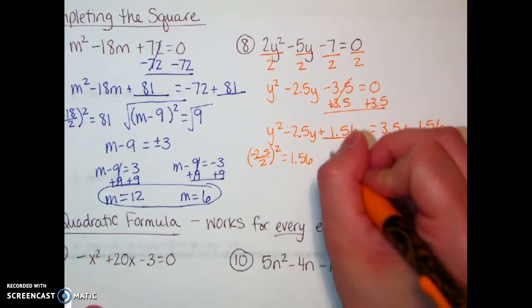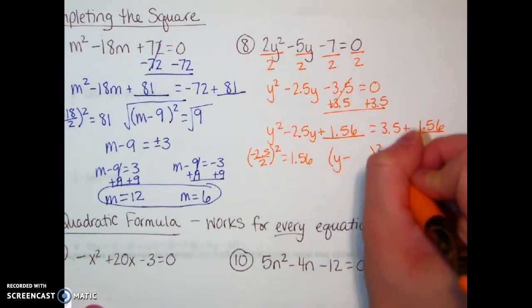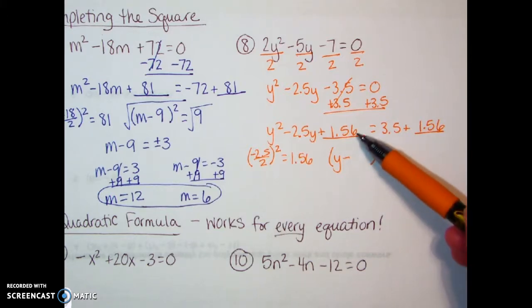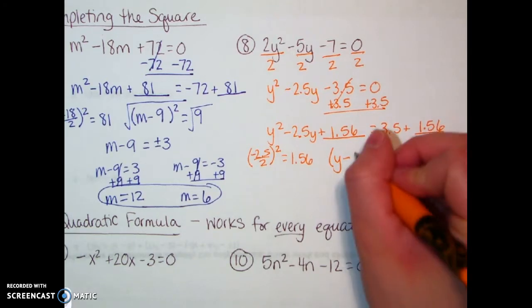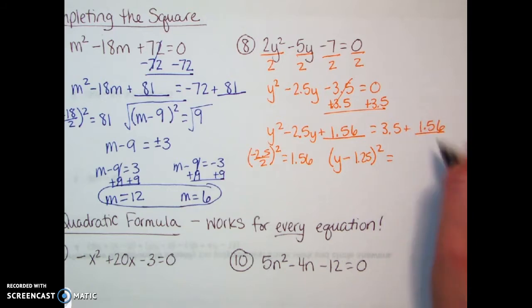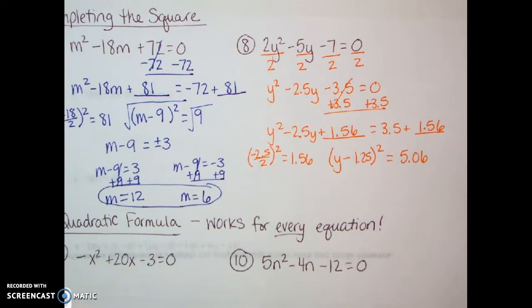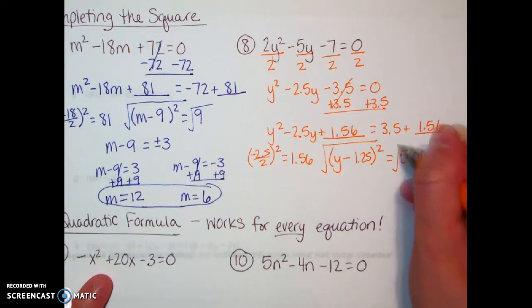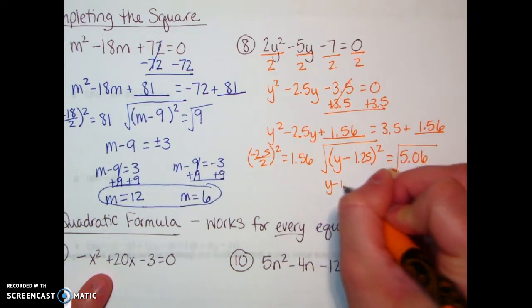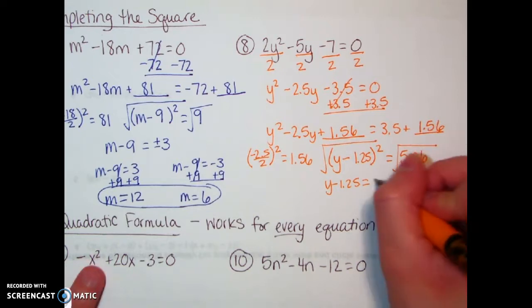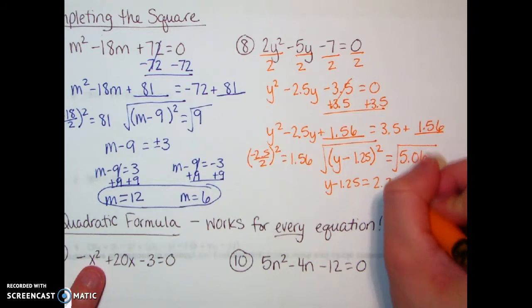Okay, now for the next part, it's y minus something. To figure out this number, you again take that square root of that number, and the square root of 1.56 rounds to be 1.25. And over here, 3.5 plus 1.56 is 5.06. Okay, square root both sides. Y minus 1.25 equals a positive 2.25, it rounds to be the square root of 5.06.